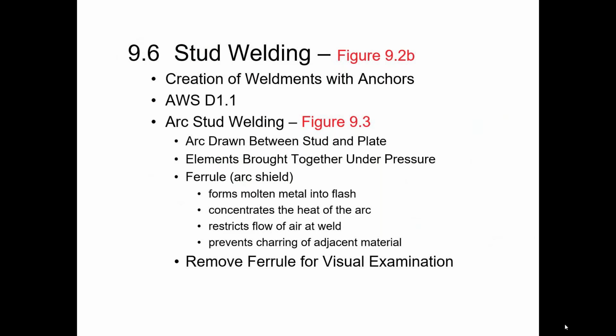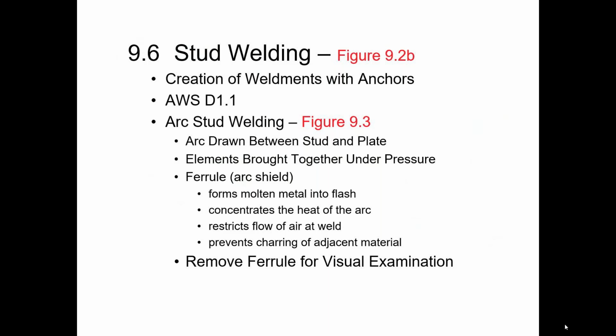It's really different from what we're talking about when we're using a welding electrode to weld two different pieces of material together. With stud welding, we're taking a piece of steel and putting it in this apparatus, what the industry has dubbed a stud gun.